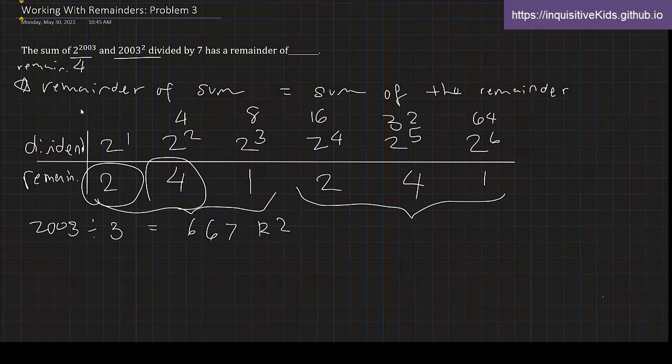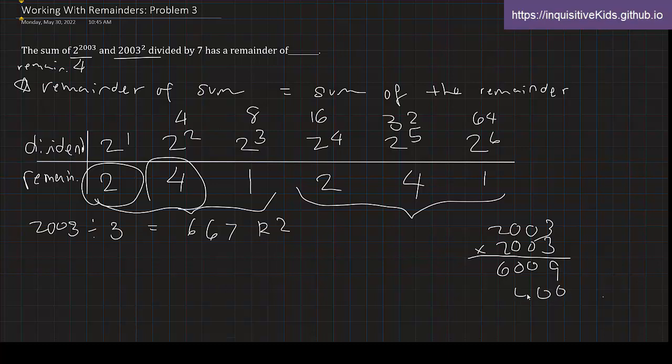For 2003 to the second power, we can actually just multiply that. It's not going to be that hard. So we're going to do 2003 times 2003. For this first one right here, we're going to get 6,009.